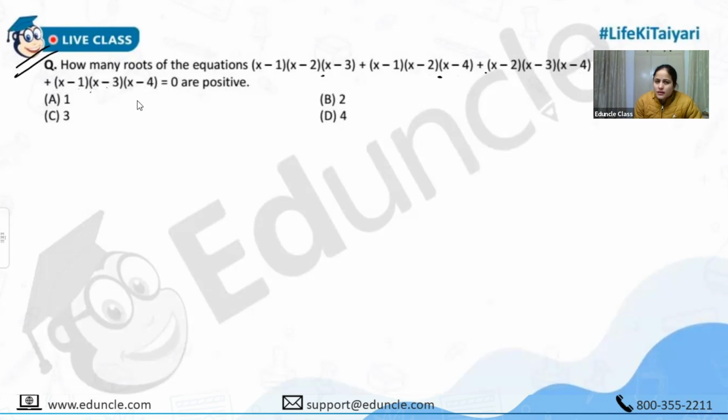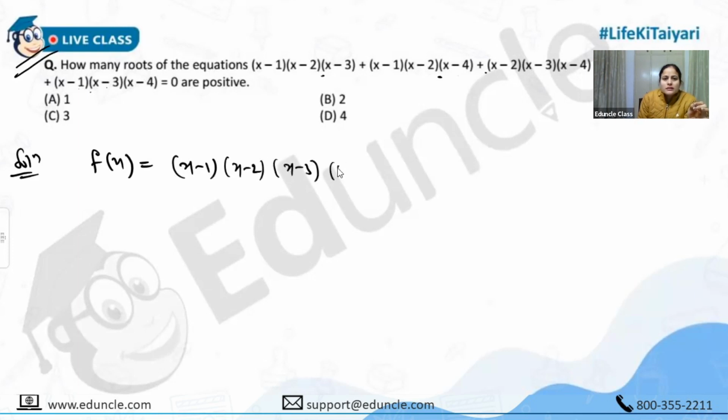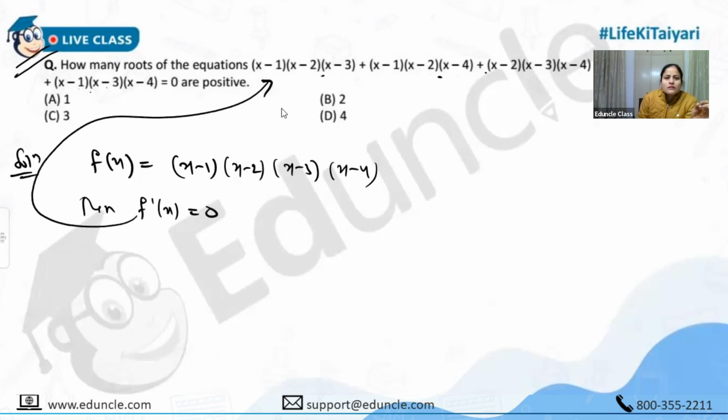So I can say this equation is nothing but the derived equation of some equation. Yes or no? So if I take a function f of x as the product of x minus 1, x minus 2, x minus 3 and x minus 4, then f dash x equal to 0 is my given equation. सही बात है ना?